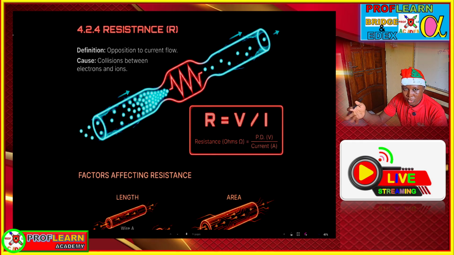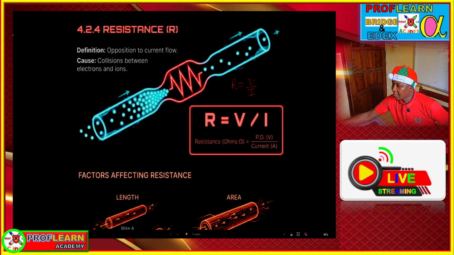When current is flowing through wires, through a device, or through a conductor, remember there could be resistance, there could be opposition. So resistance in electricity is the opposition to the flow of current, and in this case resistance R is equal to V over I, that is voltage over current.